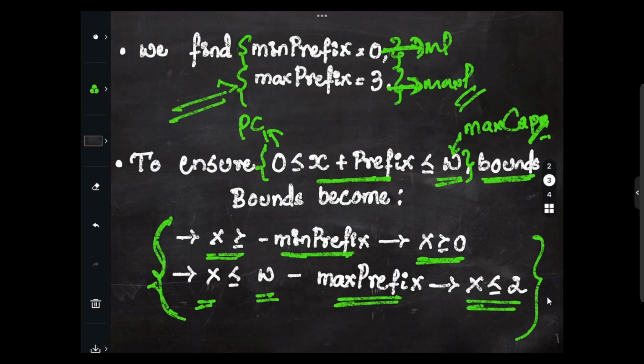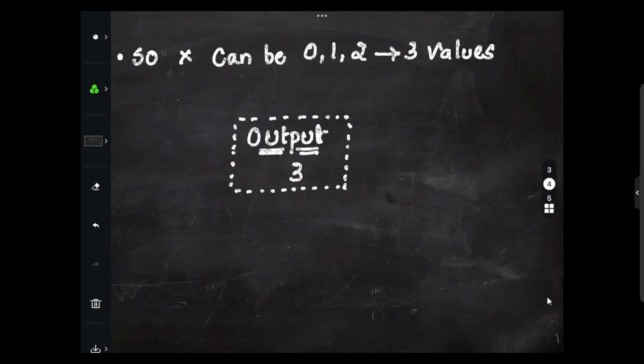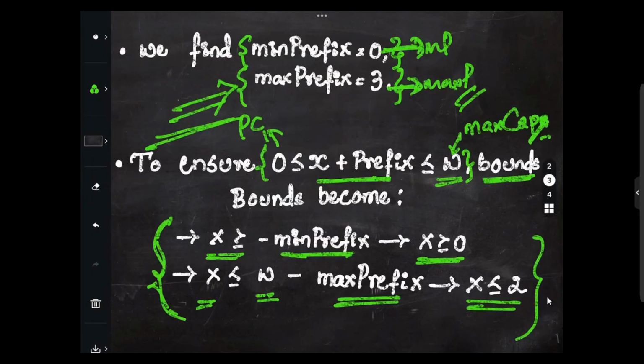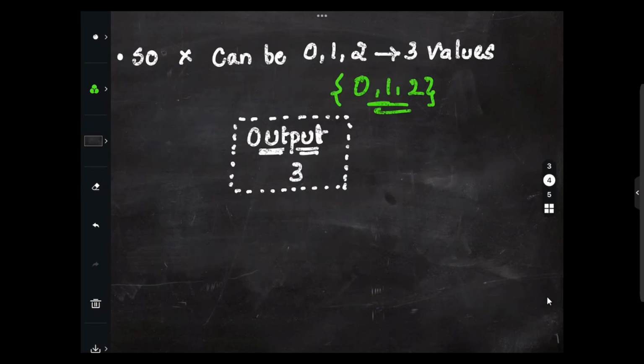Easy to understand, right? So now x can be either 0, 1 or 2. x greater than or equal to 0 means we can consider 0, and x less than or equal to 2 means 1 and 2 come in, so we can have three values.